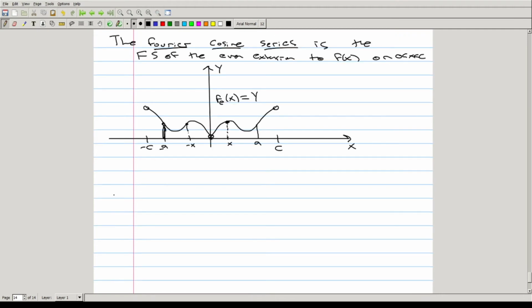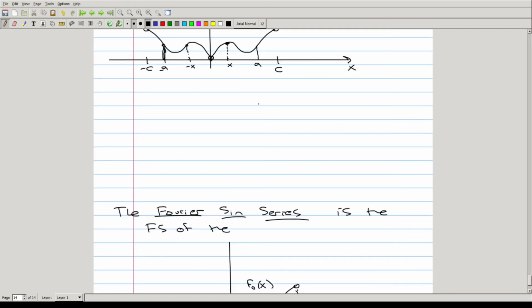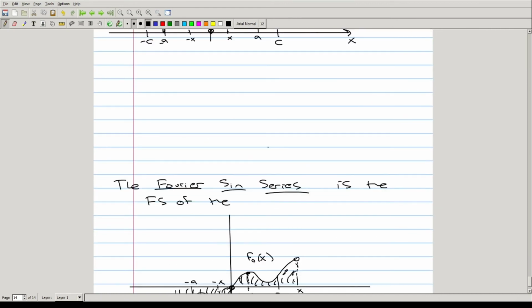and the Fourier sine series is the Fourier series of the odd extension to f of x on the interval from 0 to c.